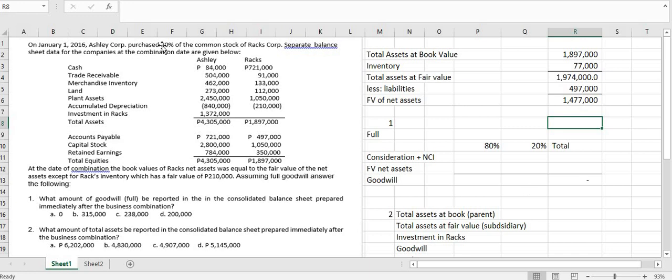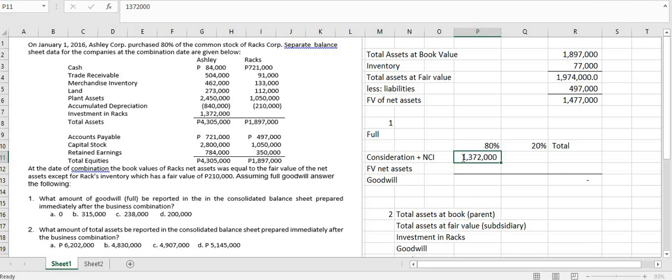Take note that this separate FS of Ashley already reflects the entry to record the acquisition, since there is a debit to investment in Rocks Company. Therefore, what we debit to the investment account is the consideration paid by Ashley to Rocks. So our consideration is 1,372,000.